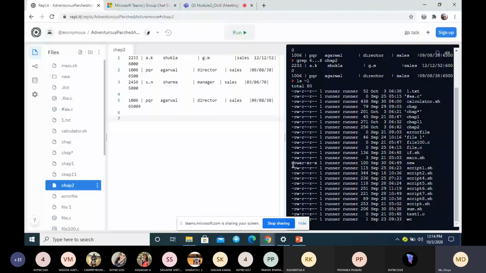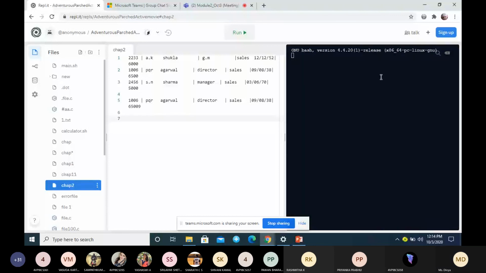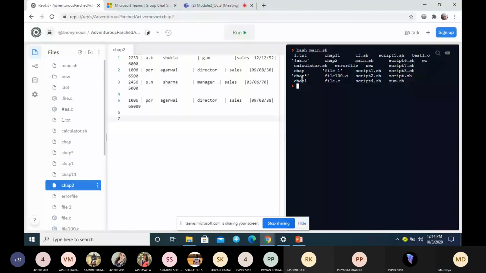So if I want to list only the directories, because a directory has D as the first character, I can write ls -l, use a pipe, grep, and a pattern that begins with D. So I have only one directory. To list directories, I can use this grep command with a pattern that begins with D.